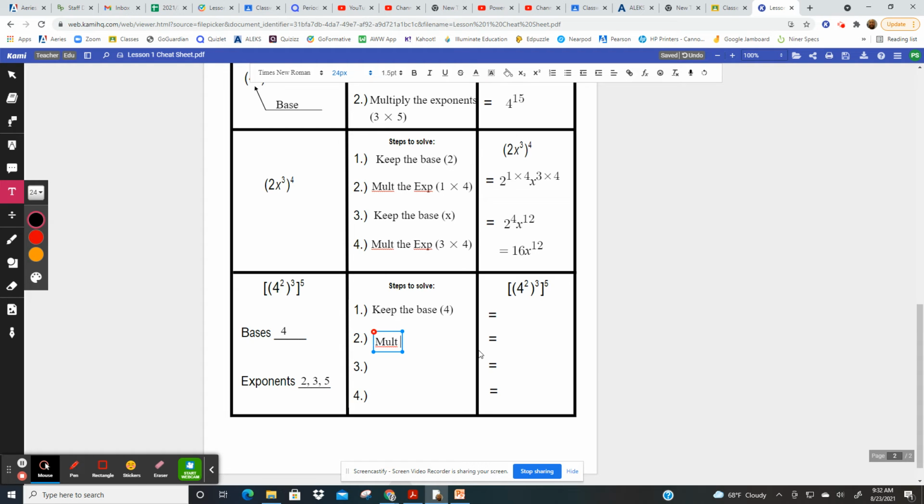And then we will multiply the exponents. The exponents for the first ones are going to be, because these are the ones closest to the 4, so you take care of those first, 2 times 3.